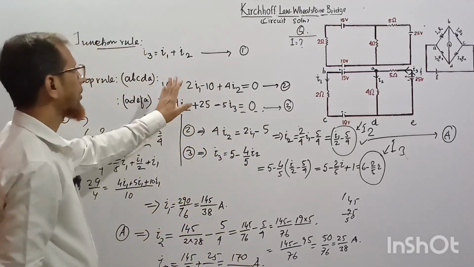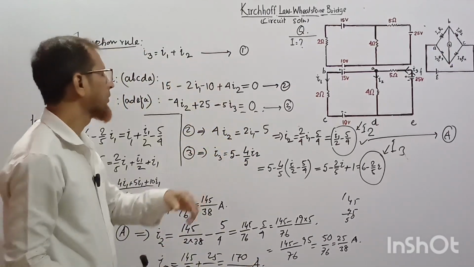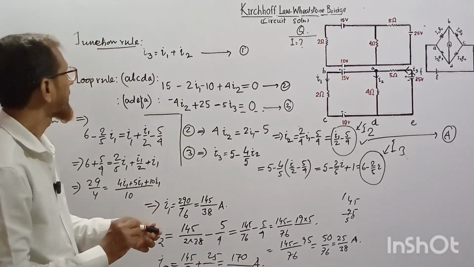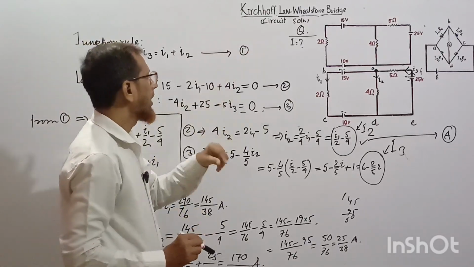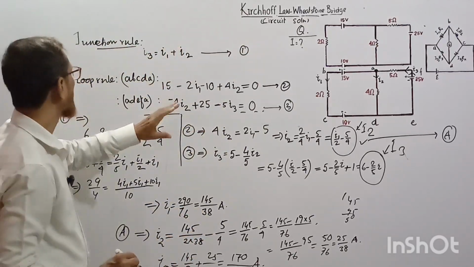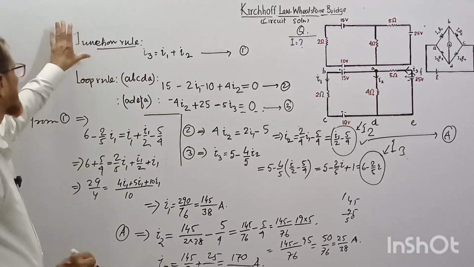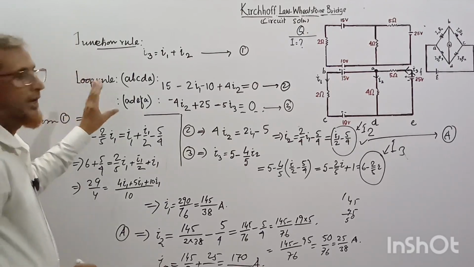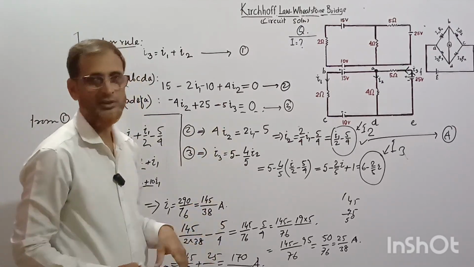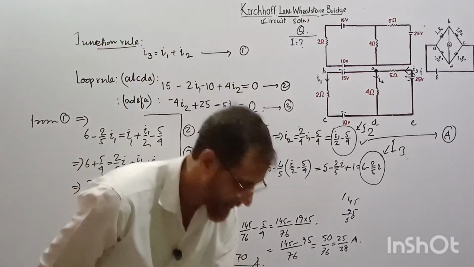So this is all about the trick and the way how to solve Kirchhoff's law. In Kirchhoff's law we have seen we need two things: one is the junction rule, the other is the loop rule, and we combine them and do an algebraic problem to find out the solution.